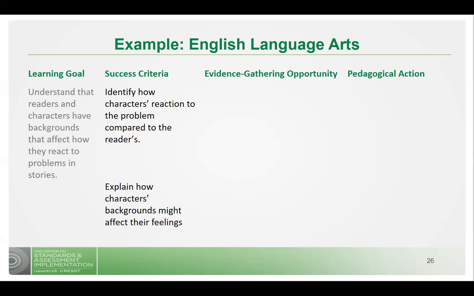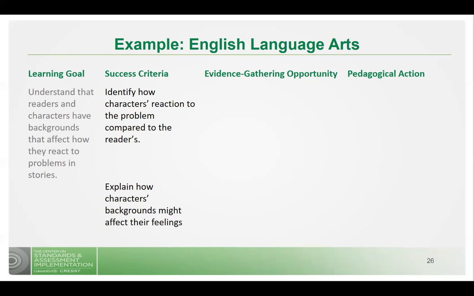In our 3rd grade ELA example, the teacher will know that the student has achieved the learning goal when the student can identify how characters' reactions to the problem compare to the reader's, and the student can explain how characters' backgrounds might affect their feelings. There are many other ways that students might show their achievement of the learning goal.